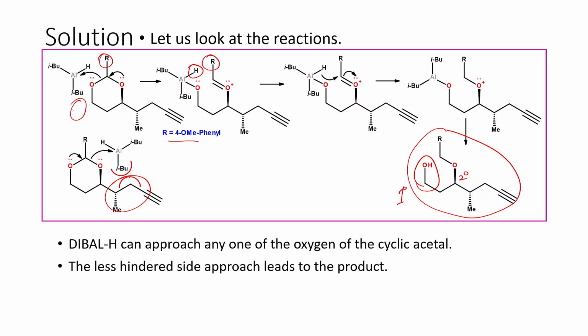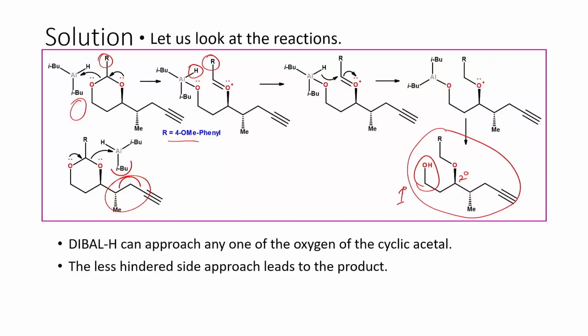So by using this acetal formation followed by DIBAL-H reduction, we can selectively protect a secondary hydroxyl compared to a primary hydroxyl. The crucial thing is that we have a substituent on the secondary hydroxyl which prevents the DIBAL-H approach for the opening of that dioxolane ring. So this is how we can regioselectively open up that dioxolane derivative in this particular case.